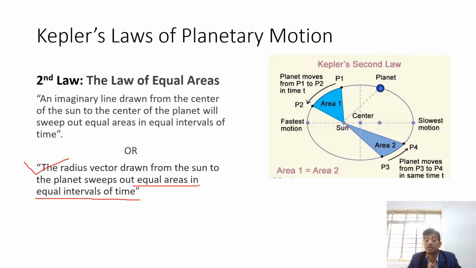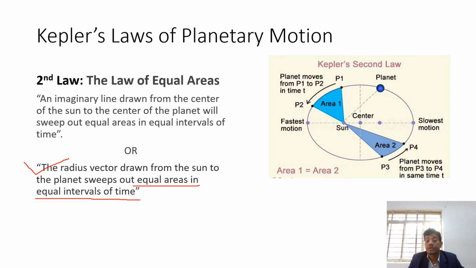Sometimes the question comes: what is the dimensional formula for areal velocity? Areal velocity means area divided by time. Area is L², divided by T. So you can say L² T⁻¹ is the areal velocity, right? So during planetary motion, this areal velocity is always constant.